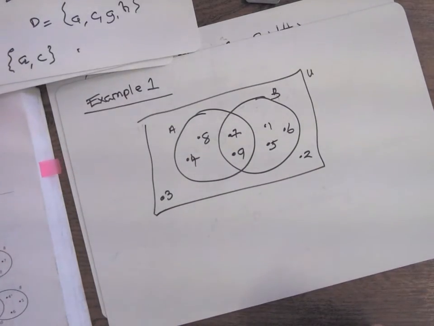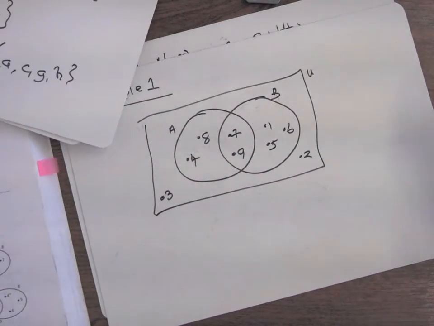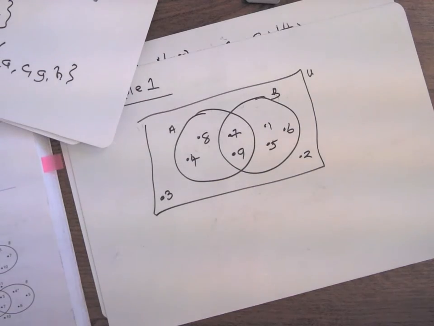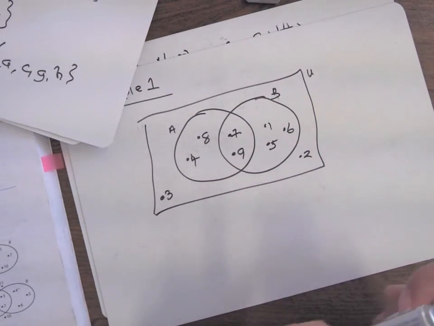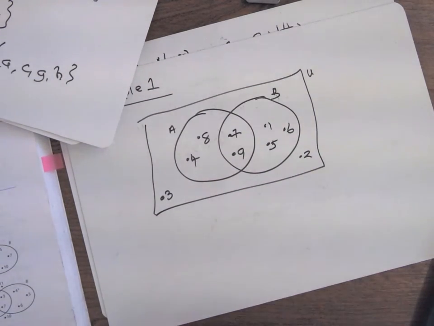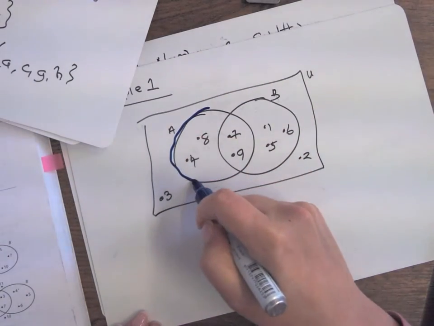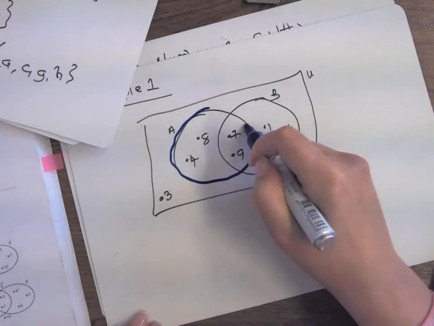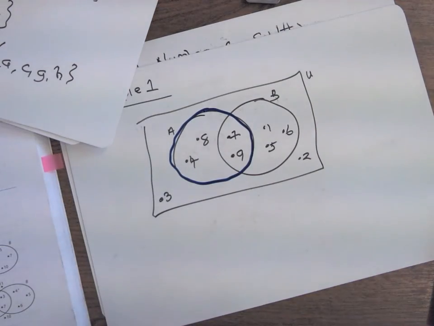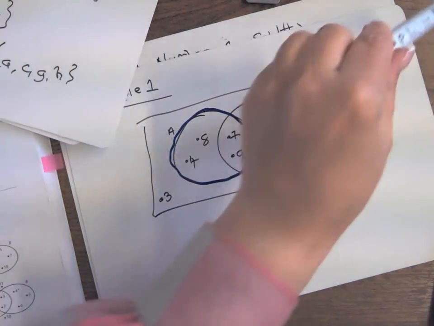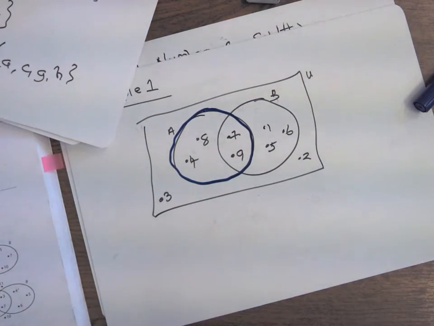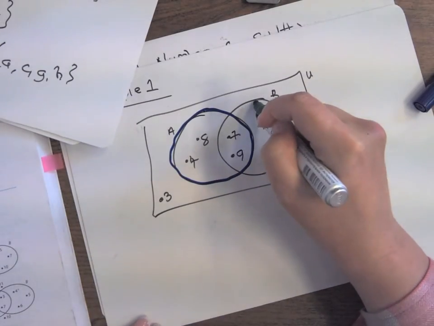Let's see how much you actually remember. I'm going to get my coloured pens, because I love colouring. I'm going to draw a blue circle for A, and a green circle for B.